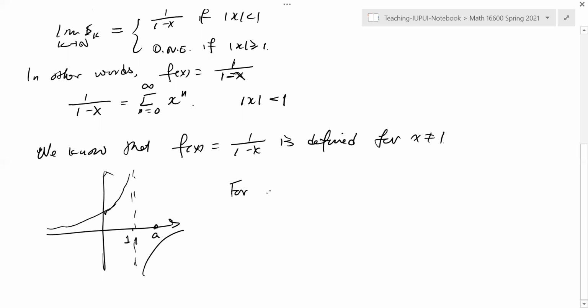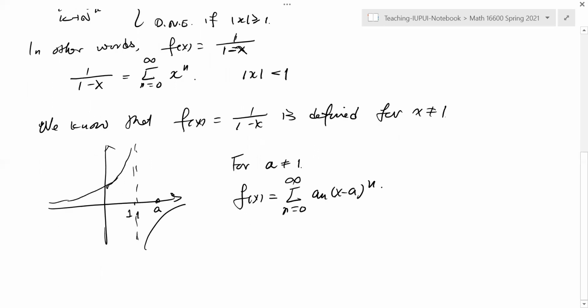My answer is yes. For any x not equal to 1, I want to express it in that form, but it cannot be just x, so it must be x minus a to the nth power. This is my question.